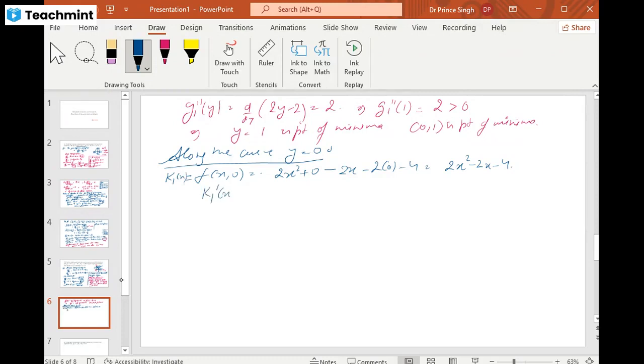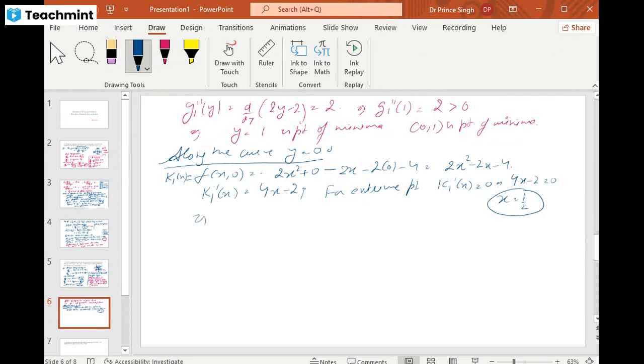Firstly we find out the first order derivative, which is 4x minus 2. For the extreme point, we put k1 dash x equal to 0, meaning 4x minus 2 equal to 0, so the value of x is 1 by 2.